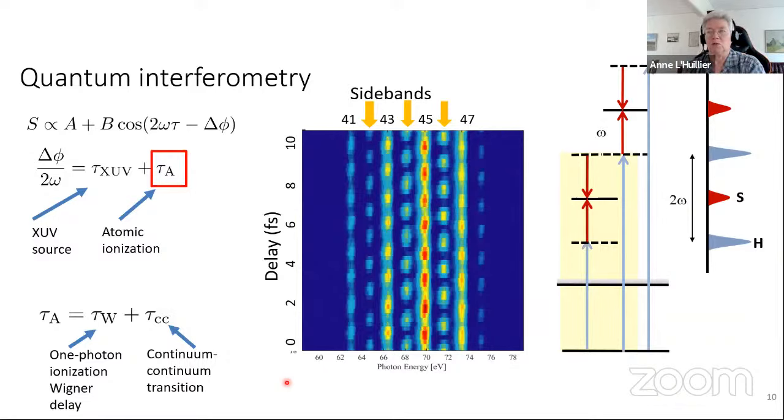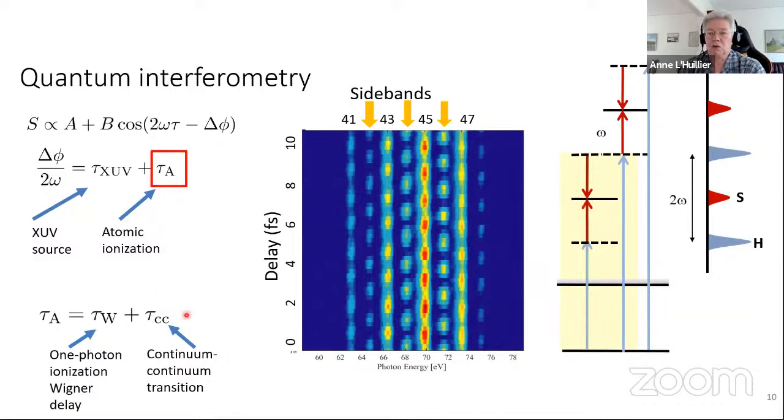The goal of the measurement is to determine the phase of the photoionization process. We need to have this interference, and we need to have this absorption or emission to get this same final state and to get our interferometric measurement.